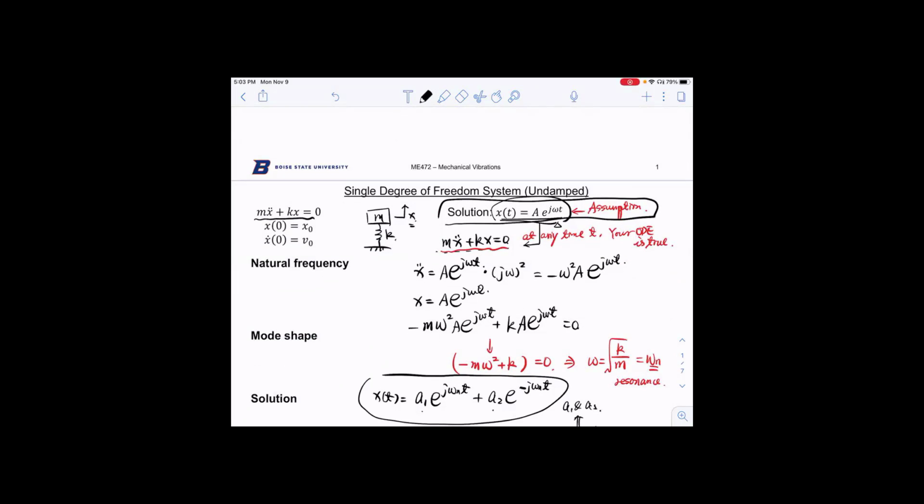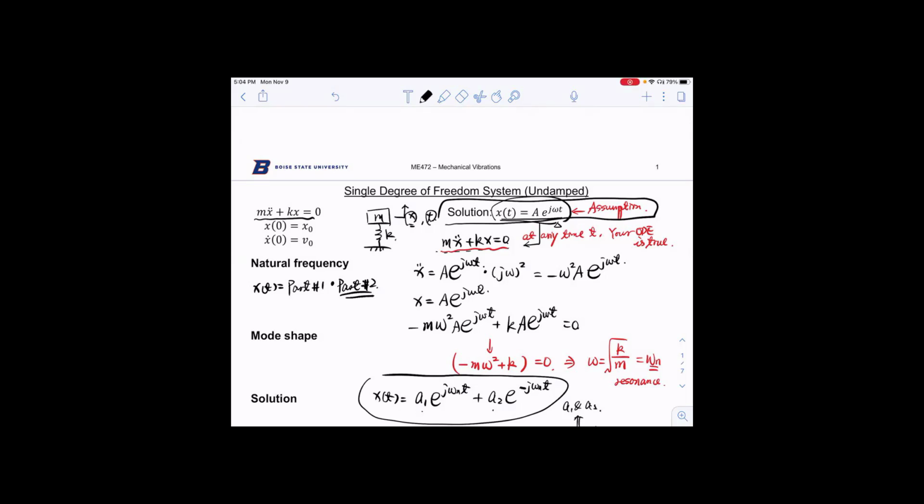For a system like this, you have both position x and the time variable t. So you actually have two variables in your system. In order to solve a system with two variables, we assume that our solution is something like part 1 times part 2.